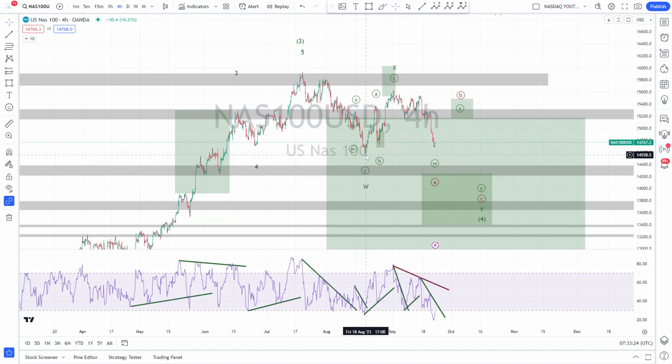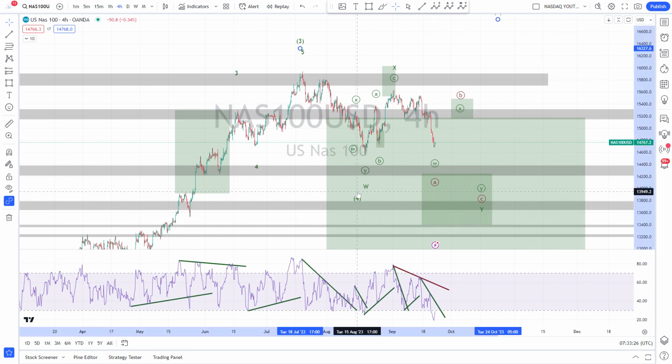So actually, the wave 4 could have been finished right here, because this was actually already a valid correction, as a WXY pattern. However, I had my reasons to believe that we are doing a double correction, so as a WXY, like a second corrective leg. And so I think this is playing out now.